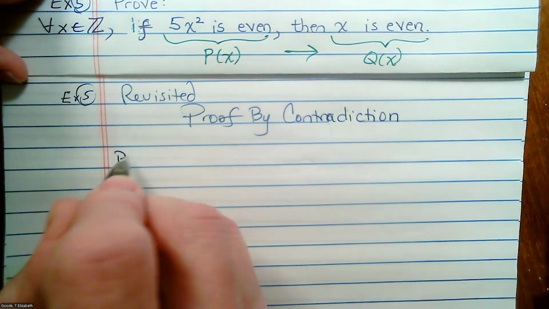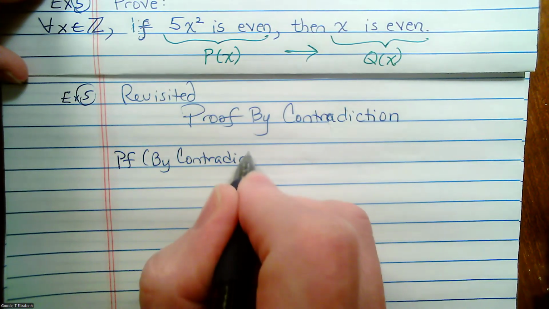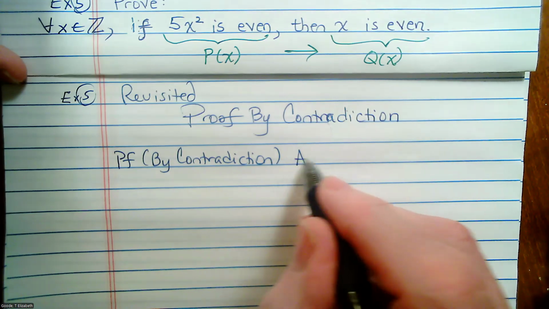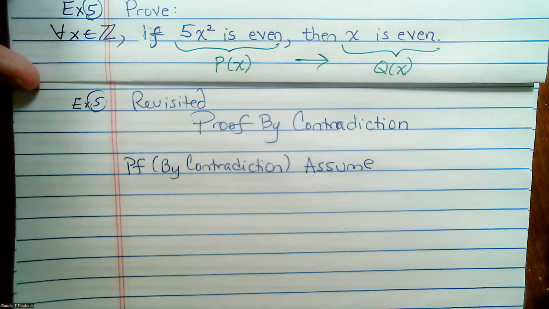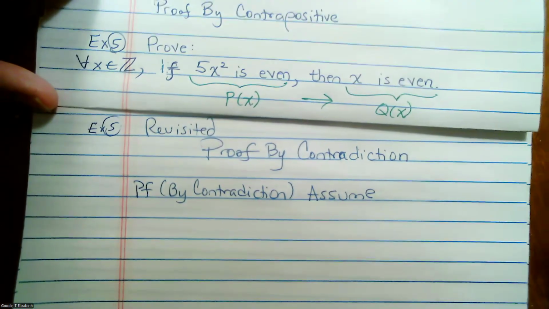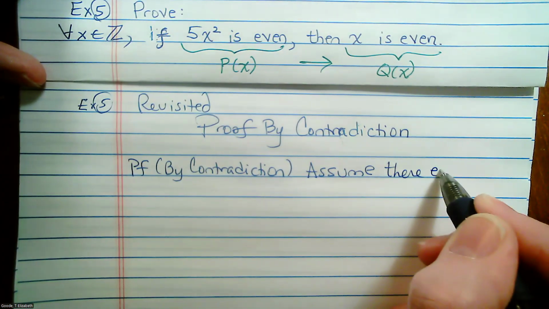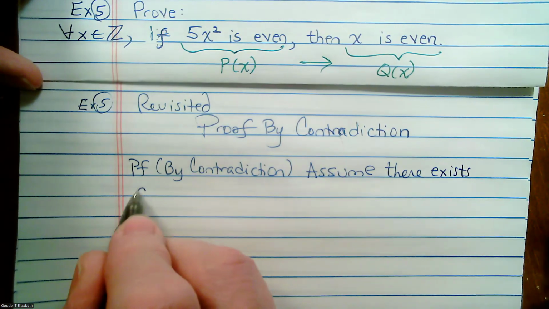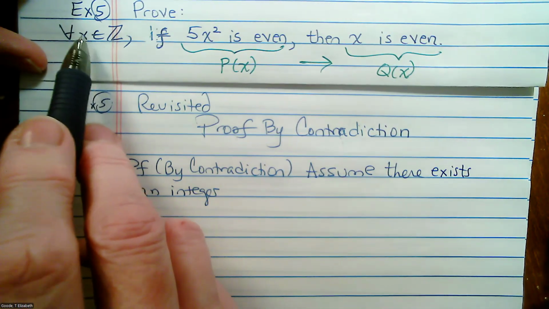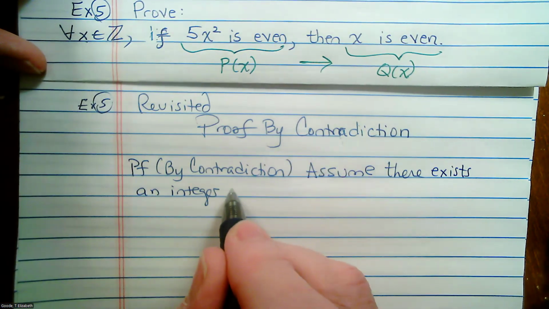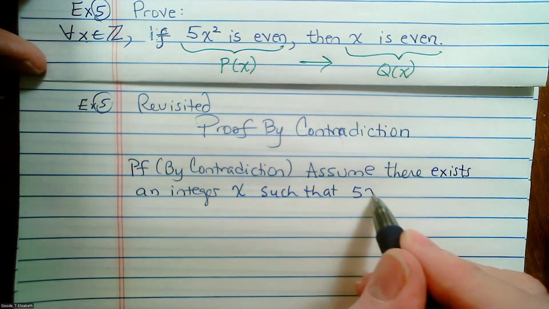When we negate a for all statement, what kind of statement do we get? There exists. So there exists an integer x such that 5x squared is odd.